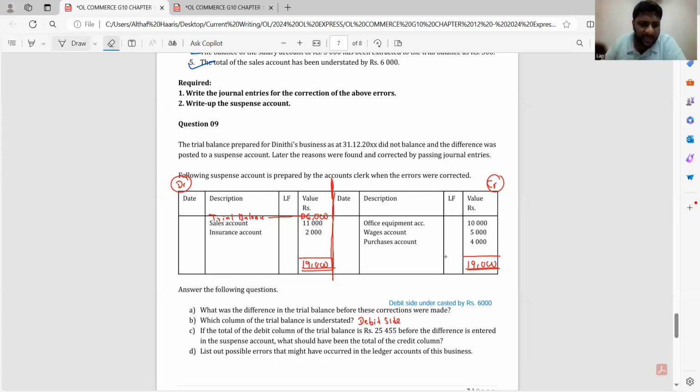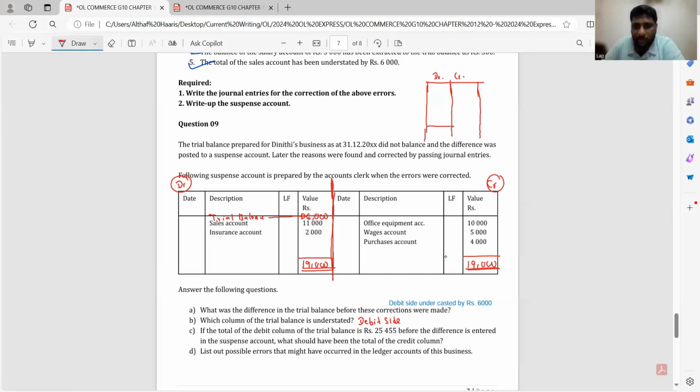Next, what they are telling. If the total of the debit column of the trial balance is 25,455, before the difference is entered in the suspense account, what should have been the total of the credit column? So let me draw the trial balance, the debit and the credit.